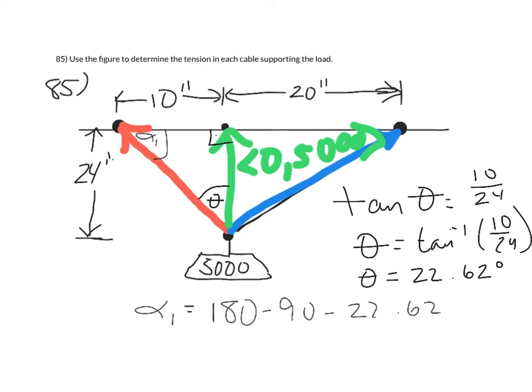So that equals 90 minus 22.62, which is 67.38 degrees. So alpha 1 equals 67.38 degrees. Now, why do we need that? Let's go to our next screen and find out.